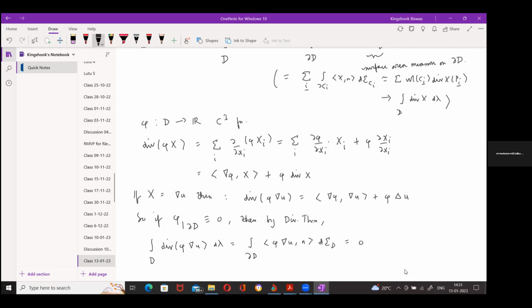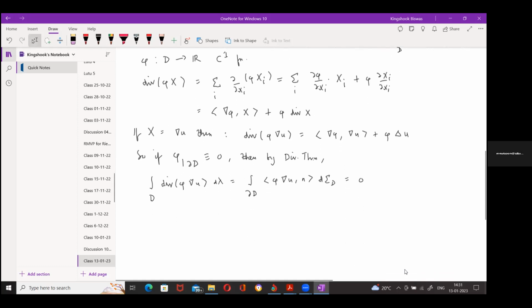Because phi is 0 on the boundary. So this divergence term vanishes. Therefore, the sum of these two integrals is 0. So that gives you this integration by parts formula, which I mentioned at the end of last class: the integral of grad phi dot grad u d lambda over the domain D is equal to minus the integral of phi Laplacian u d lambda.